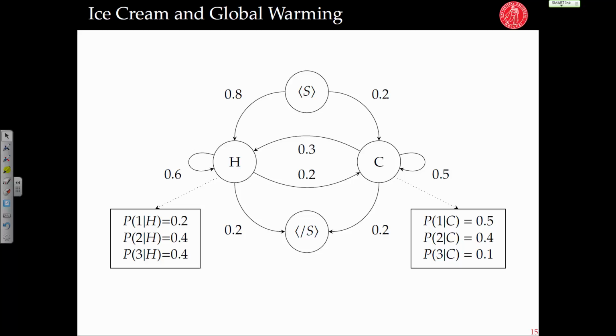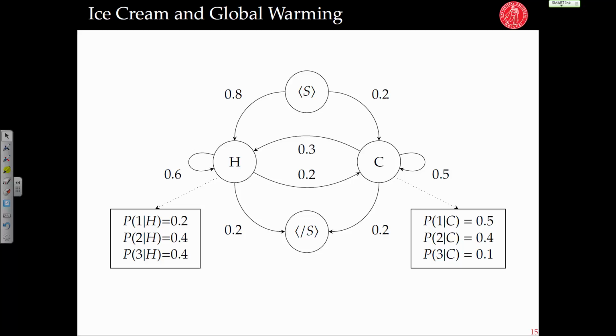So what's the probability of cold given the start symbol? That would be here. And for the two non-pseudo states, the cold and hot, we have a table of emission probabilities.